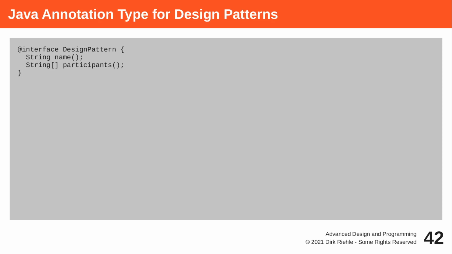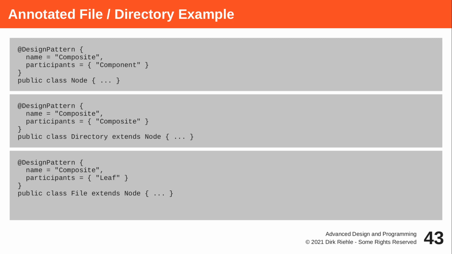For homework, you will look at your code and you will annotate design patterns in your code. So it's very straightforward. You look at the design patterns in the design patterns book, and you use the names from the structure diagrams and annotate your classes accordingly. Here's an example that you should take a look at to know what to do for the homework. And here is, for example, how you could specify a design pattern.